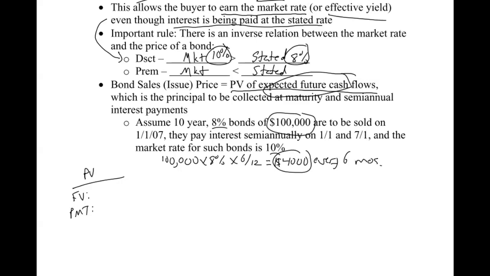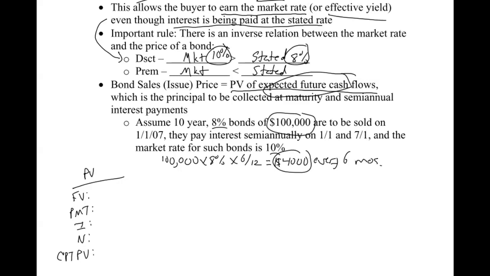An annuity is just a series of payments. So in these problems, the interest is the series of payments that are going to be made every 6 months. You're going to have a key that should just be an I for the rate, and a key that's N for the number of periods. Then what we're going to do is hit the compute button and then present value, and it's going to kick out our answer.